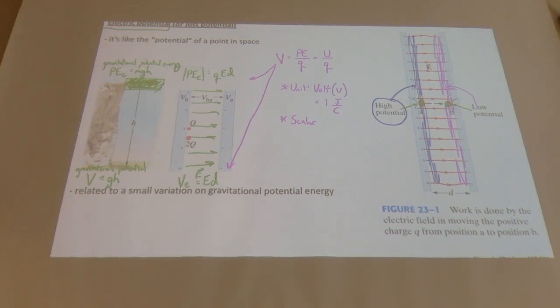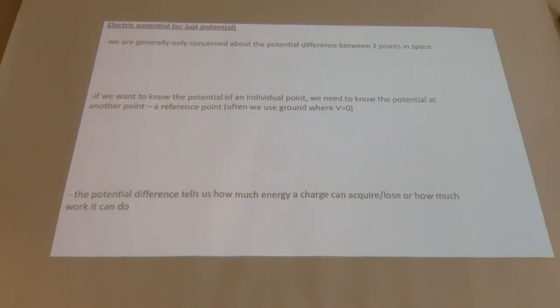So let's switch over to the next slide. A few points I should make. First of all, typically when we're doing problems with potential, we want to focus on a difference in potential between two different points.